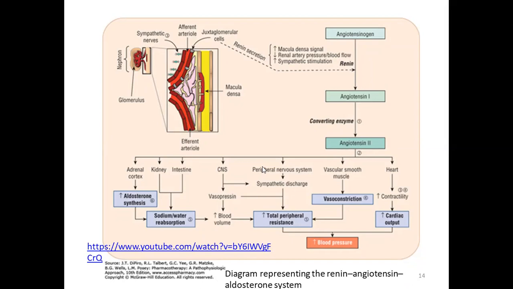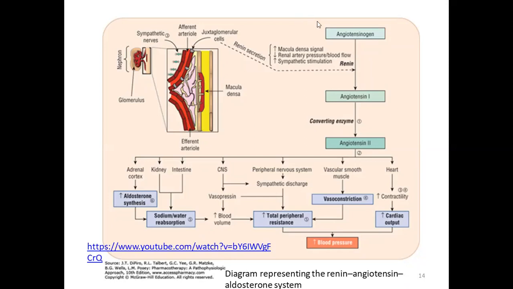So in summary, as you can see in this diagram, there is renin from the kidney. Renin can be secreted because of various factors, as I mentioned before, like maybe loss of blood, maybe reduced perfusion in case of heart problem, maybe in case of change in electrolyte level.